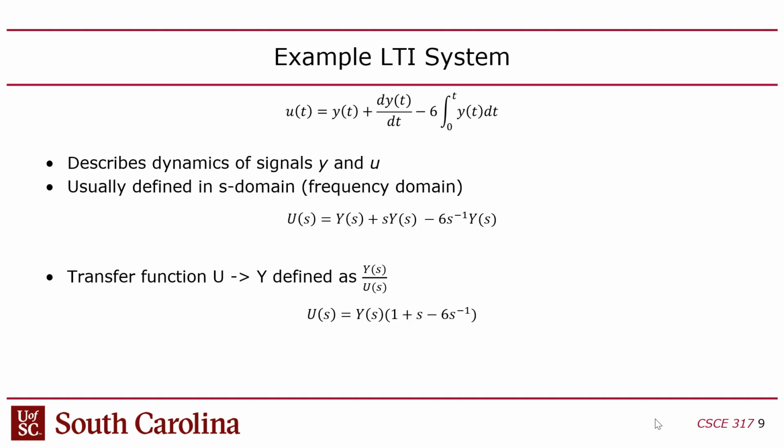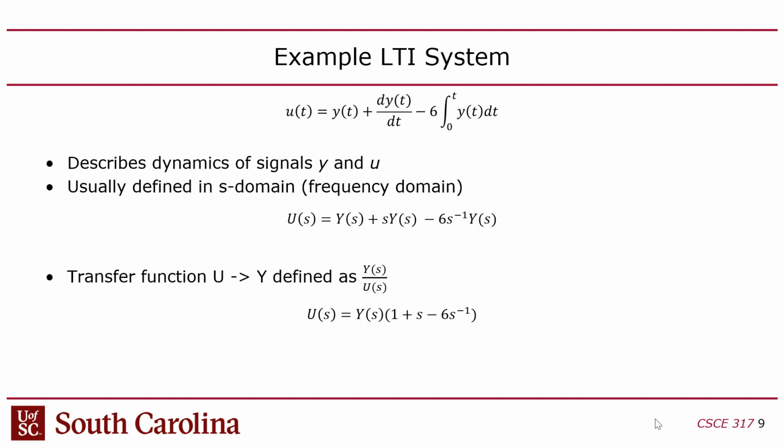Basically the idea is we want to take all the y of s's out and put them on one side of the equation, and also the u of s's. The left-hand side is supposed to be y of s over u of s. The right-hand side of the equation is going to be a polynomial of just s values, or it could be a ratio of two polynomials. You guys with me? Right?